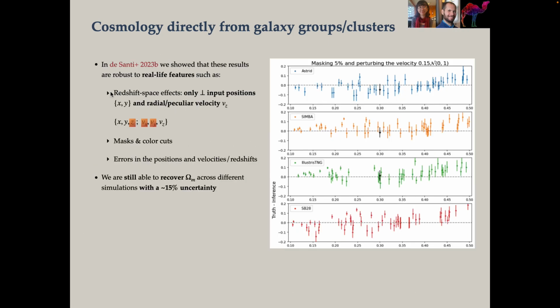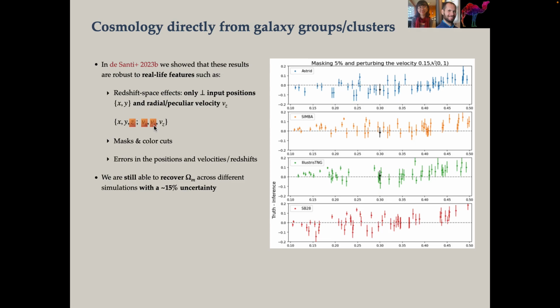So in this other paper by Nathalie, 2023, we show that these results are actually robust to these real life features. Now the inputs in your graph neural networks only have X, Y, and VZ, which stands for angular position and redshift. We trained on the basis of only that information, so information about the Z position, Vx and Vy was completely eliminated.